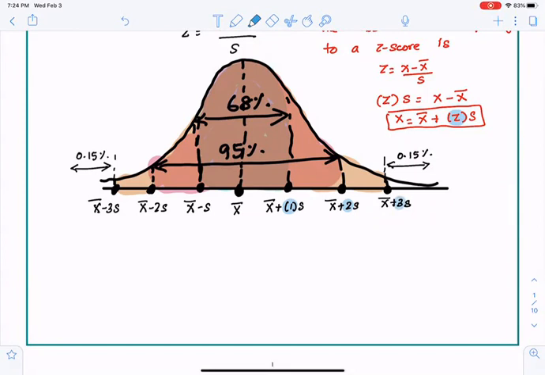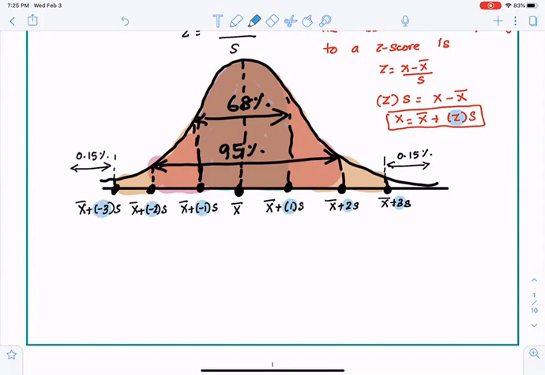On the other side, I could write x bar minus s as x bar plus negative 1 times s, the next data point as x bar plus negative 2 times s, the next one as x bar plus negative 3 times s. So on the other side, I have those z values to be -1, -2, and -3.